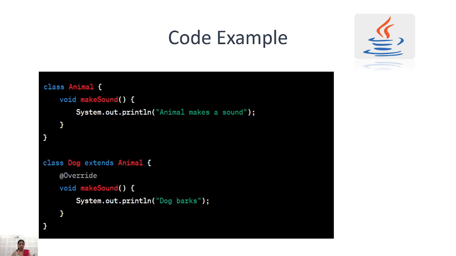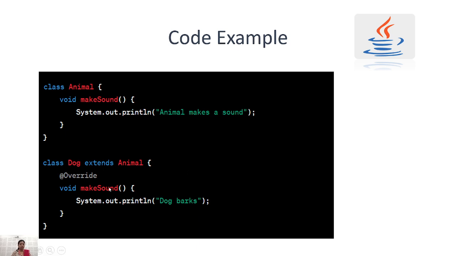So I want the same method, but when I am calling the dog's makeSound, it should print "Dog barks", not the generic make sound, because this is not a customized sound. I want a particular dog sound. So I am overriding the makeSound method from the Animal class in the Dog class.